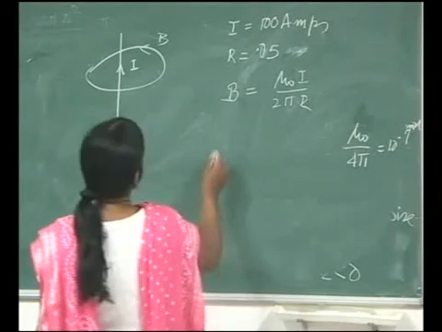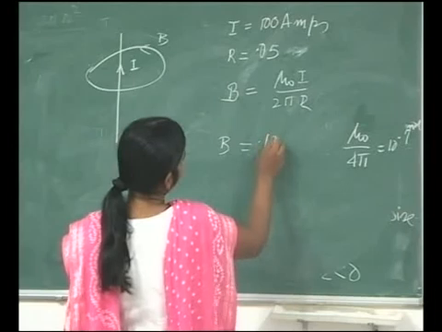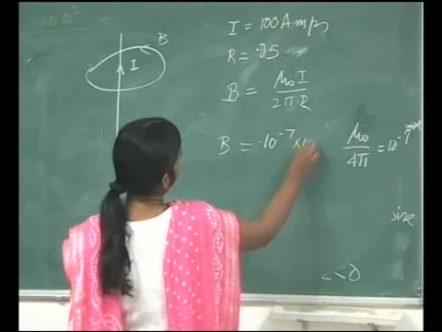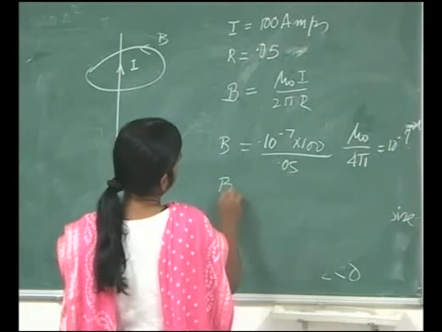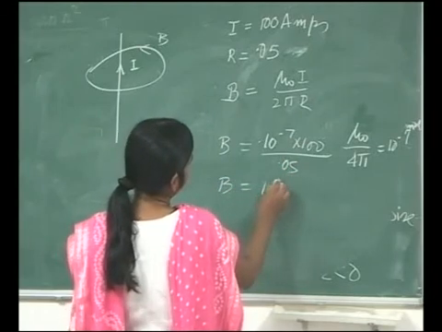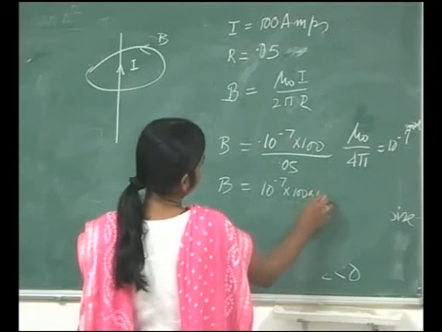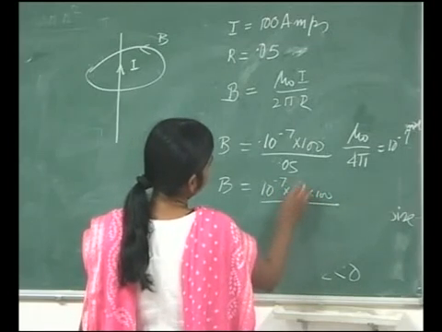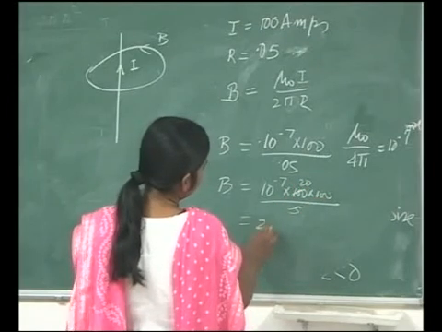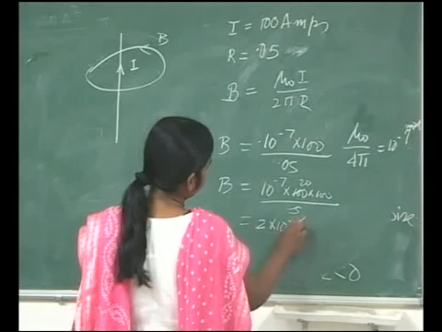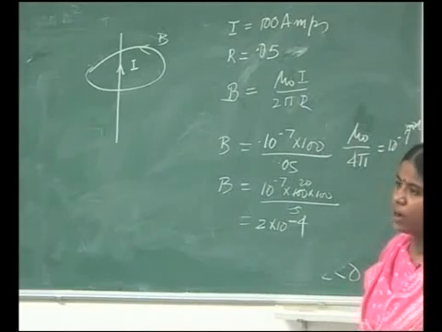So I can calculate that B is equal to how much do you get? 10 to the power minus 7 into 100 divided by 0.05. So that is 10 to the power minus 7 into 100 into 100 divided by 5. So 1, 2, 3. So I have 2 into 10 to the power minus 4, is it not? 2 into 10 to the power minus 4.